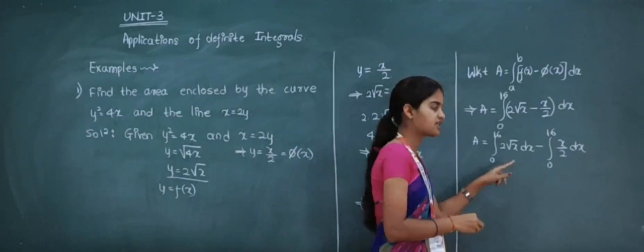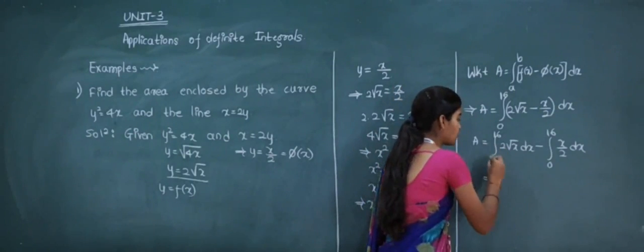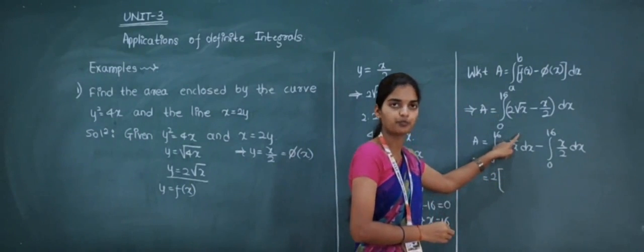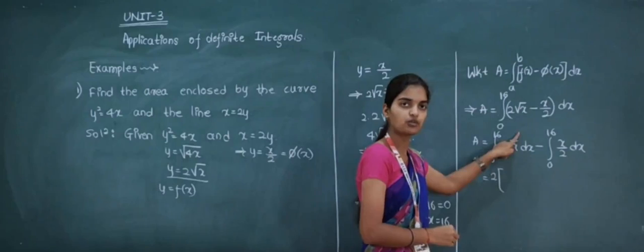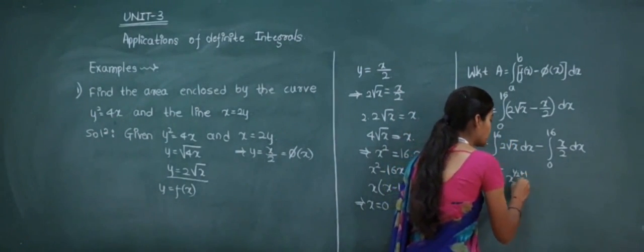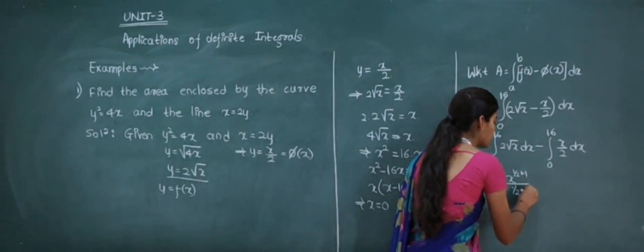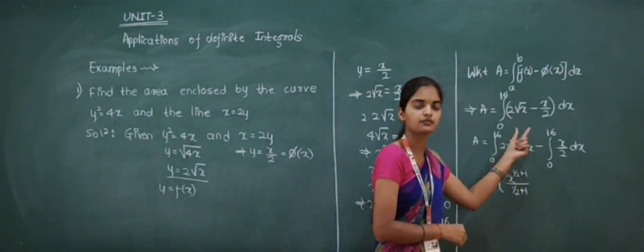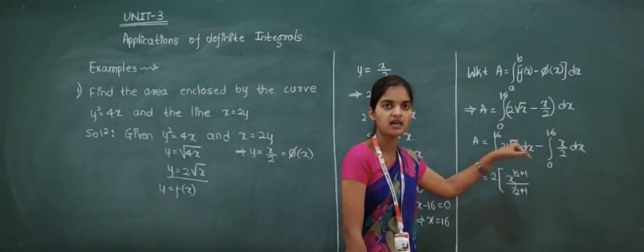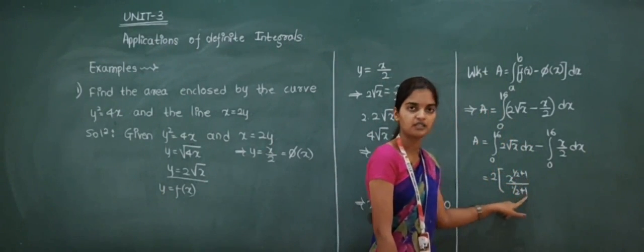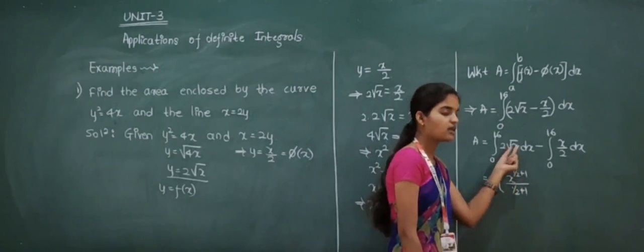Now integrate separately. First I will take this constant outside, and it is x raised to 1 by 2. Then x raised to 1 by 2 is what? x raised to 1 by 2 plus 1 divided by 1 by 2 plus 1. So it is in the form of integration of x raised to n, and its integration is x raised to n plus 1 divided by n plus 1, where n is 1 by 2.